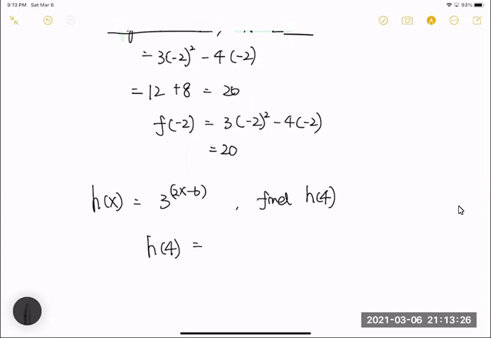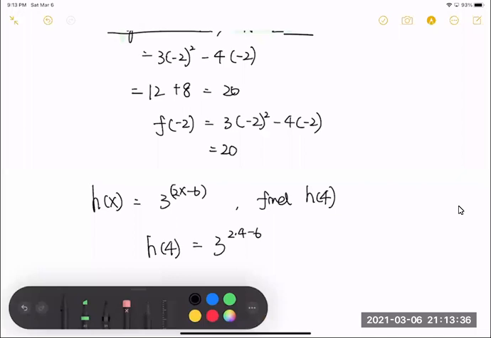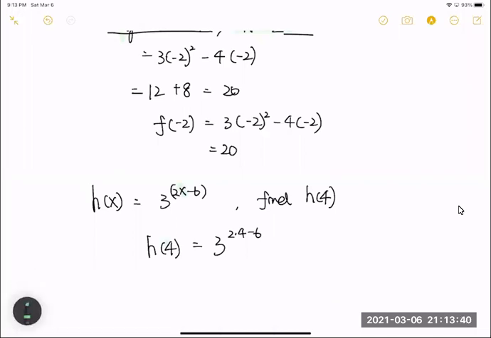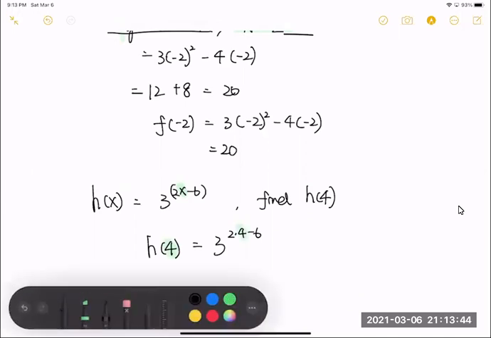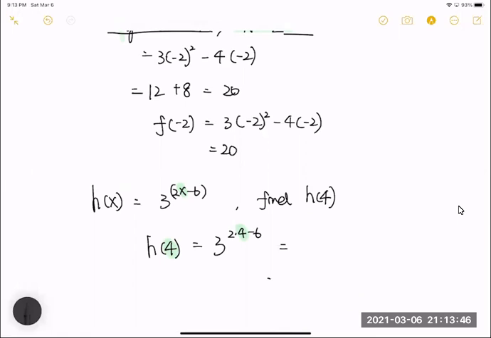You want to substitute x equals 4 into the equation. So we have 3 to the 2 times 4 minus 6. We just substitute this x, become 4, into the equation. So we have 3 to the 2, which is 3 squared, equals 9. So h of 4 equals 9.